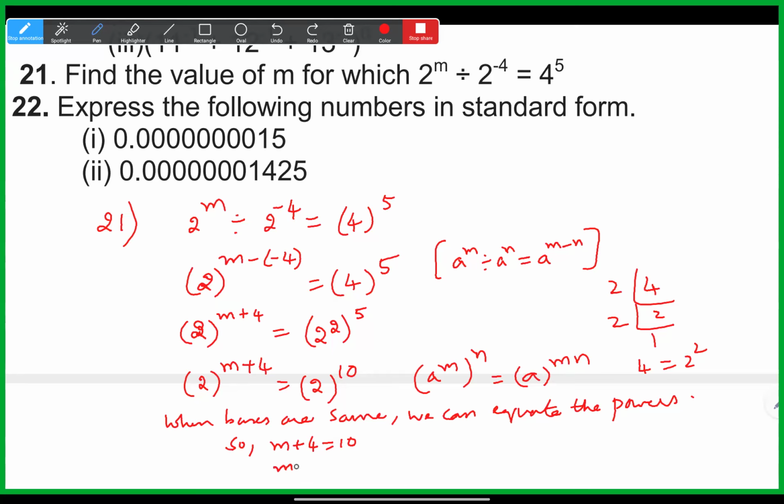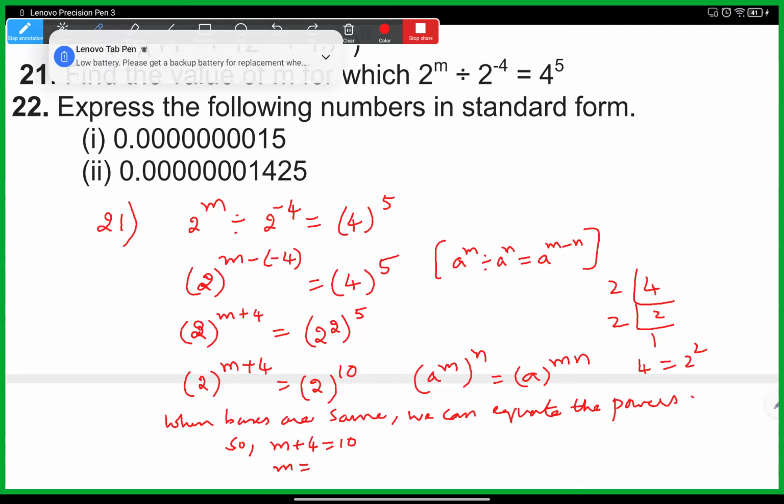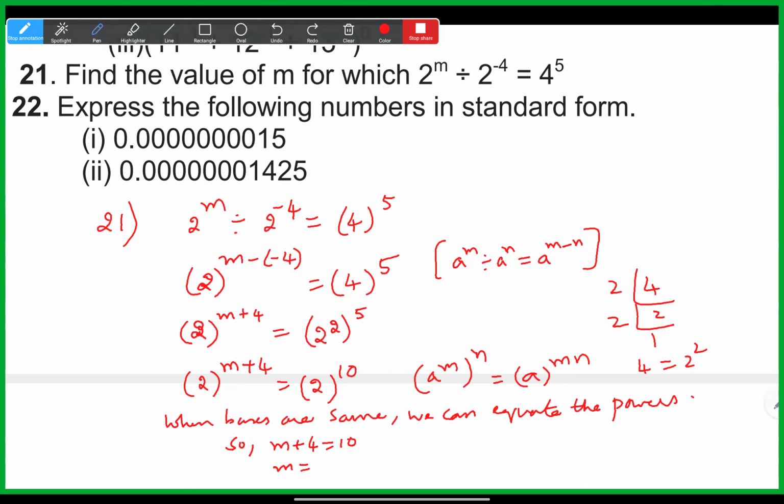So m is equal to 10 minus 4. Yes, that is correct. Means m is equal to 6, sir.